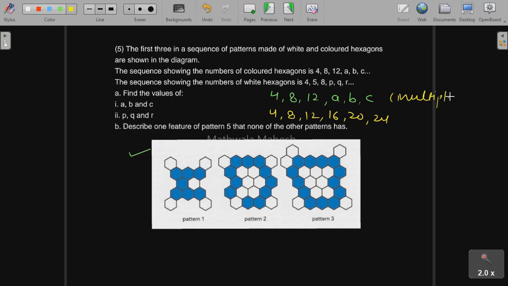This is a multiple of 4. So A is 16, B is 20, C is 24.